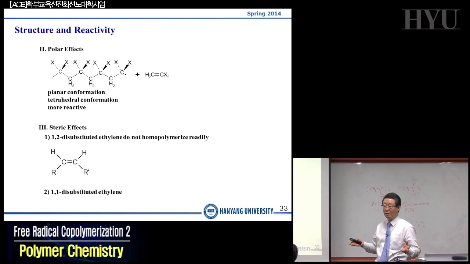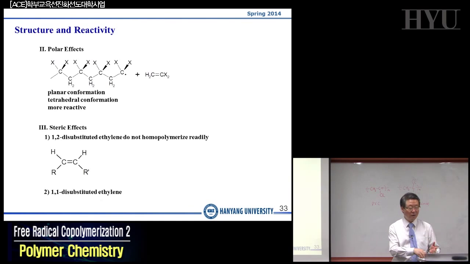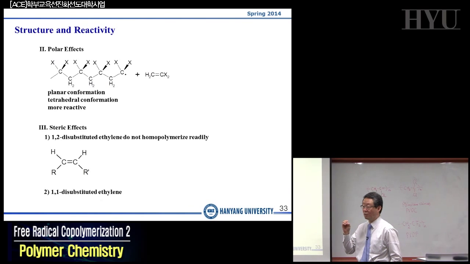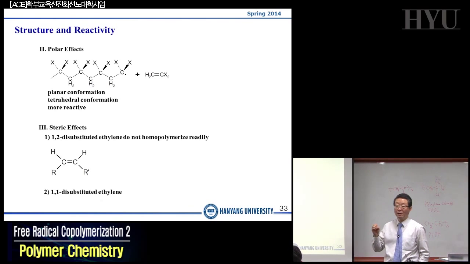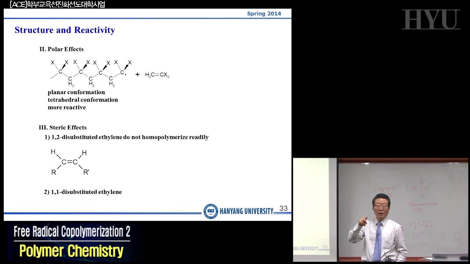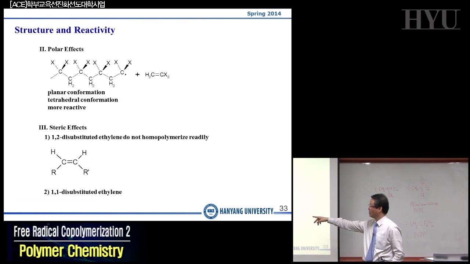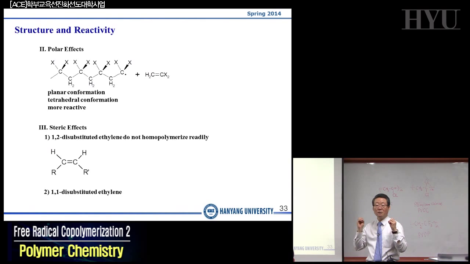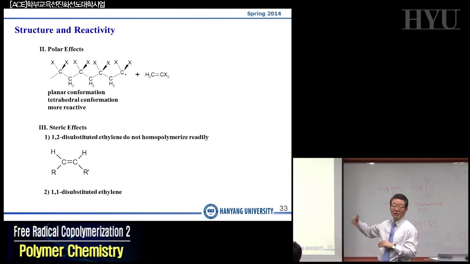So there is something happening. I have elaborated on the monosubstituted vinyl monomer and the disubstituted monomer, 1,1 disubstituted or 1,2 disubstituted, or cis and trans. So the reactivity is different, although I have the same chlorine in the 1,1 or 1,2 positions. This is due to the static effect.